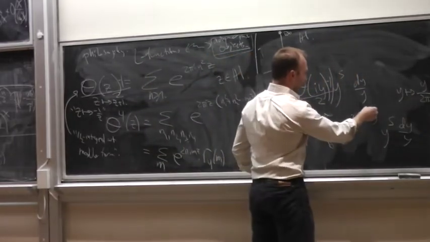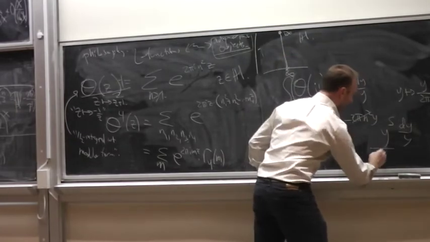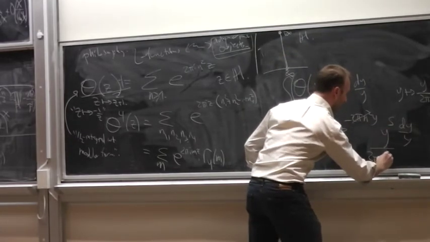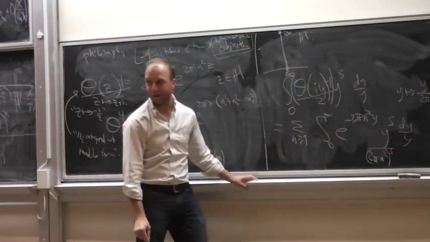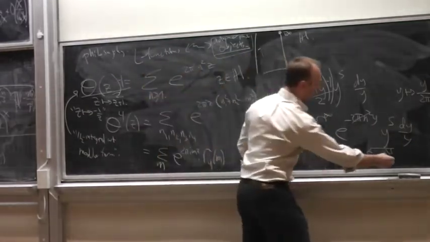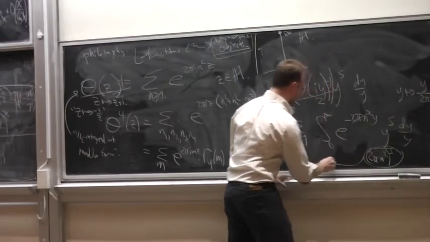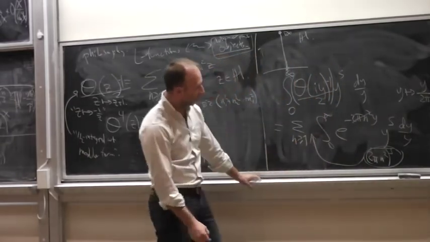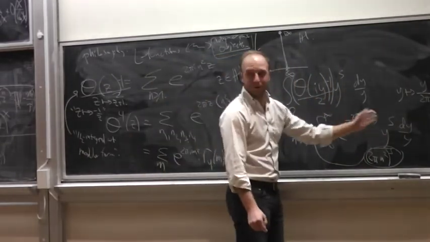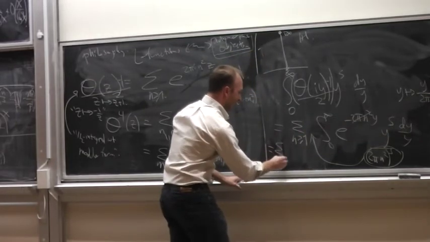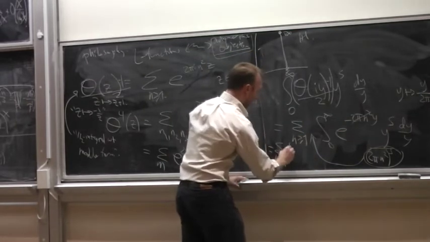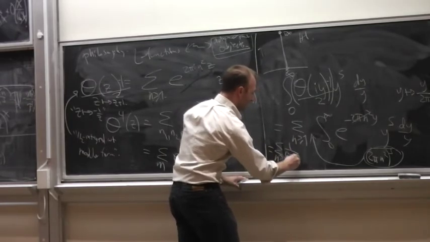So when I do that, this cancels. I get a 1 over 2 pi n squared to the s. dy over y remains the same. The range of integration remains the same. And the beautiful thing is this just comes out in front. And there's no more n in the integral. So you've completely separated out. So what you see is a sum over n greater than or equal to 1, 1 over 2 pi to the s.